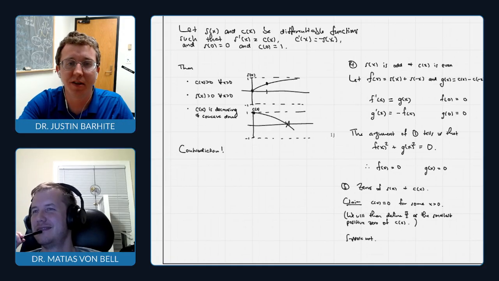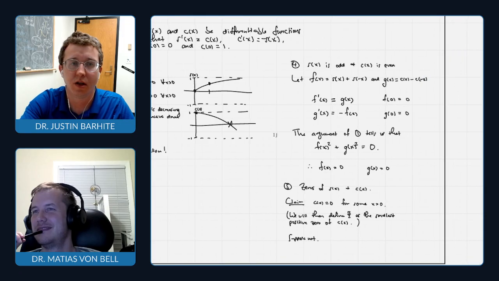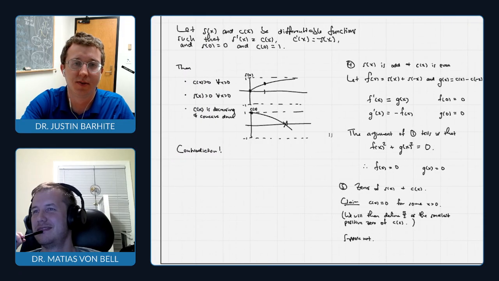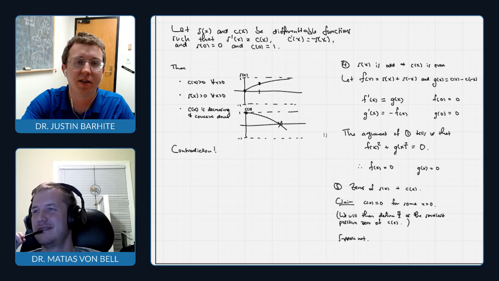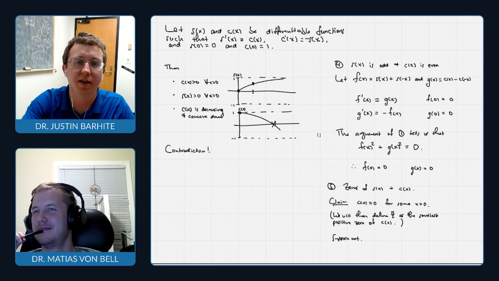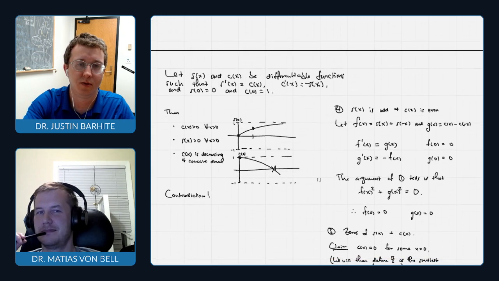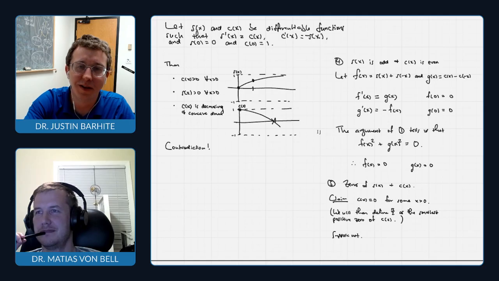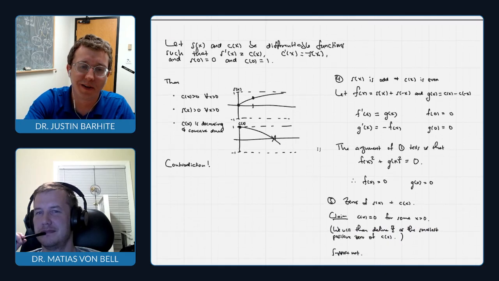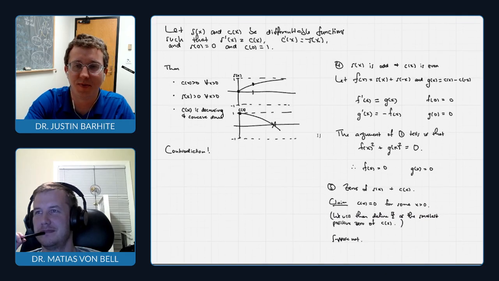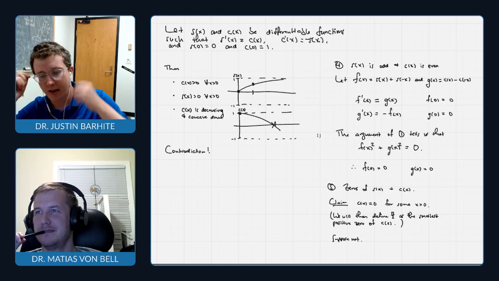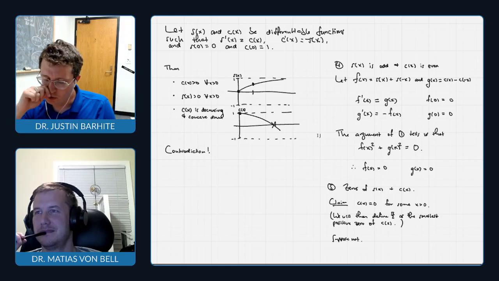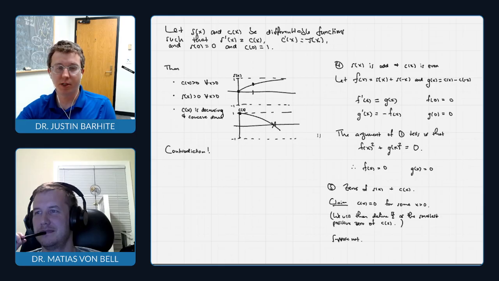So my definition is valid. Okay, oh my goodness. All right, my definition is valid. Pi over 2 I can define to be the smallest positive 0 of C of x.